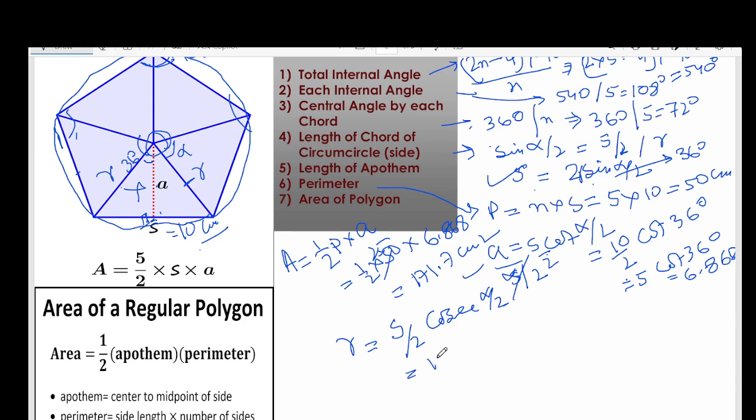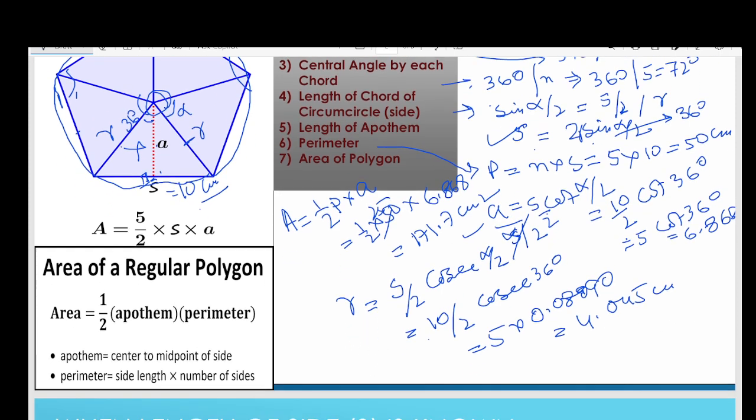So this will give you 10 by 2 cosec 36 degrees, 5 into 0.809, and 4.045. So this will be the value of the radius. If they give you the value of the side, you can find out the value of the radius also sometimes. Okay, these are the formulas you should remember.